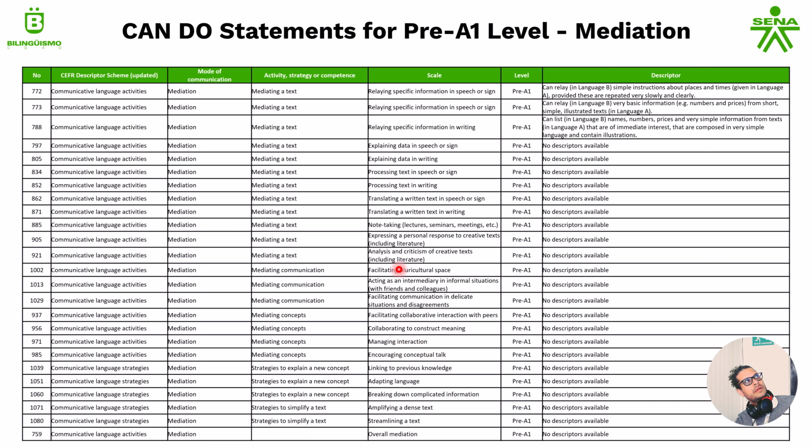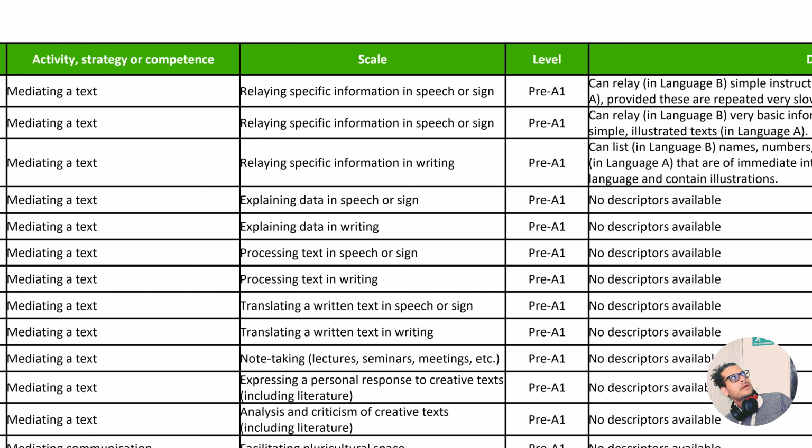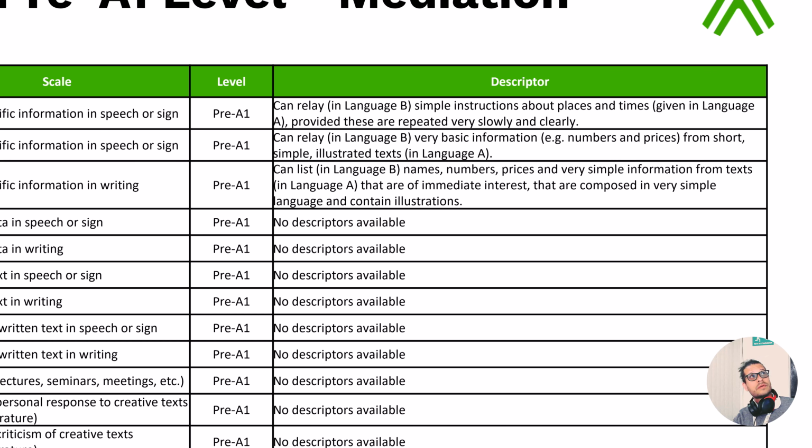For example, let's look at some of those here. Let's look at one from here. For example, for the activity of mediating a test, when a student is given a test that is too difficult, for example, this is the descriptor for that.